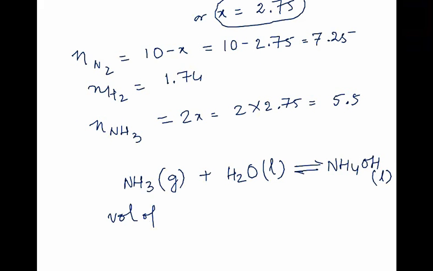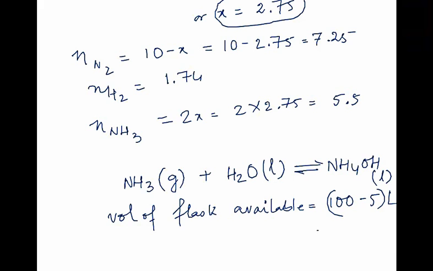Now, the volume of flask available will be equal to 100 minus 5 liter, since 5 liter of water was introduced, which is equal to 95 liter.